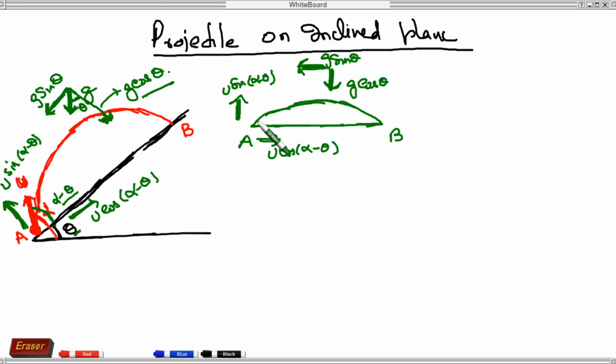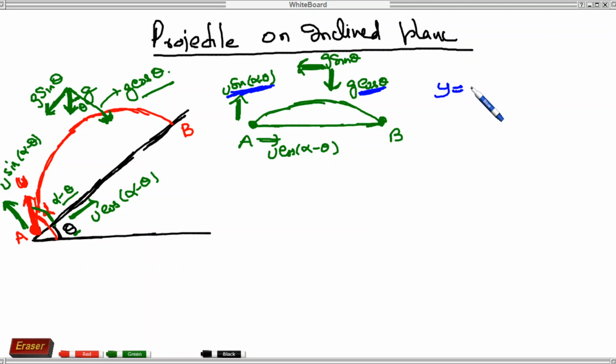Now let's find out the time of flight, meaning the time taken by the ball to reach from point A to point B. As I told you in our previous part, the displacement should be zero. Considering the vertical section, here we have g cos theta and u sin(alpha minus theta).